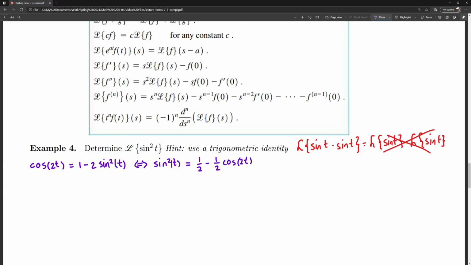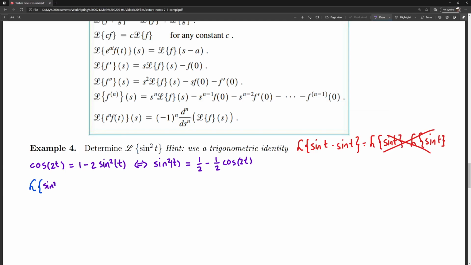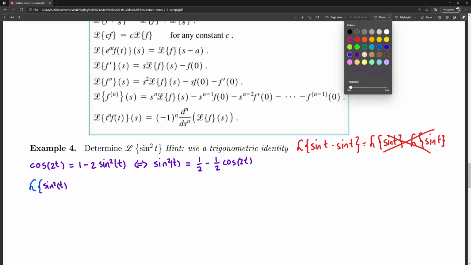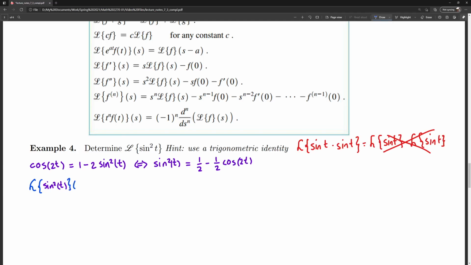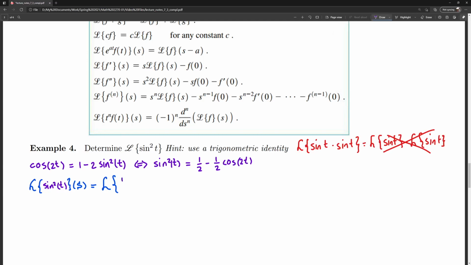And so when we're finding the Laplace transform of sine squared of t, we just replace that by the trigonometric identity. So that's the Laplace transform of 1/2 minus 1/2 cosine of 2t.